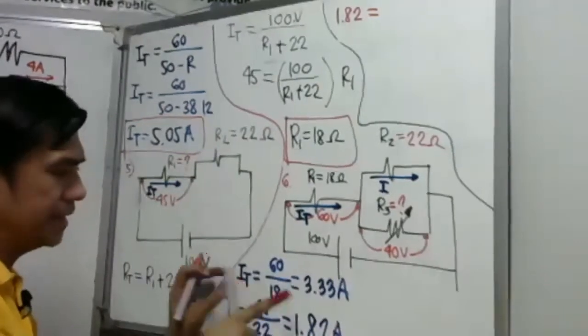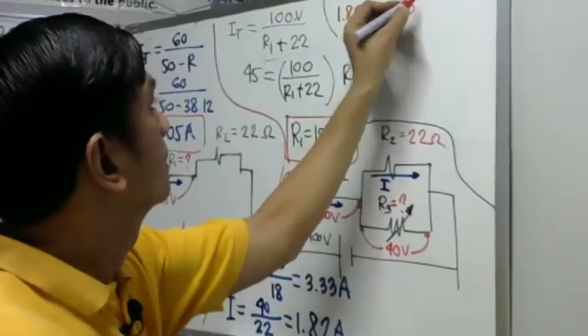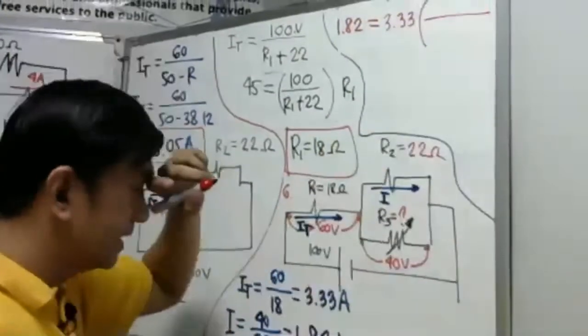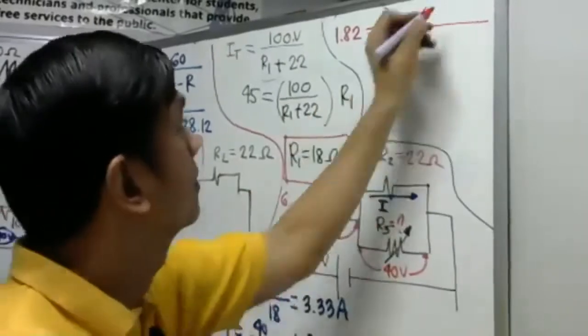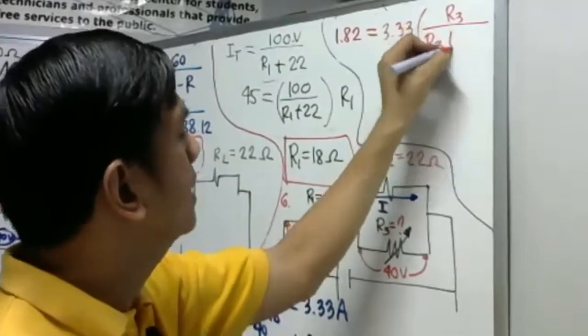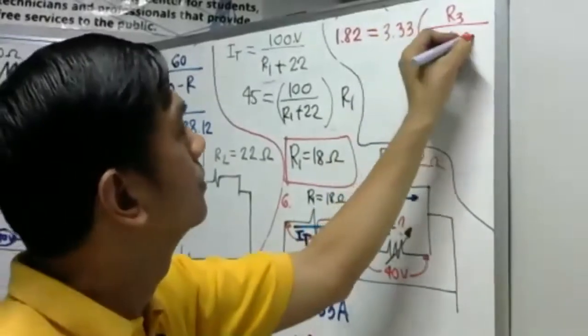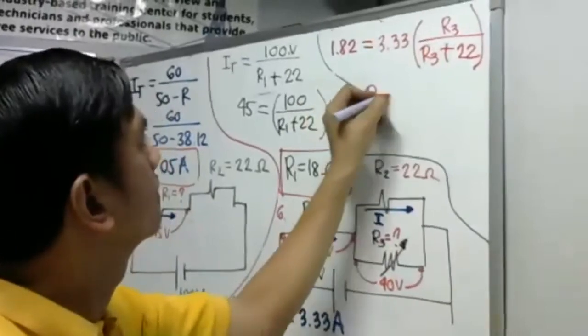What is our I total? That is 3.33, multiplied by the opposite resistance. What is the opposite resistance? R3, over R3 plus 22. So there's only one unknown. Shift solve.